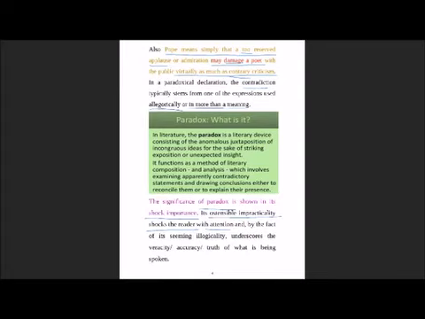By the fact of its seeming illogicality at the beginning, it underscores the veracity or accuracy or even the truth of what is being spoken. You have to wait, contemplate, then decide.